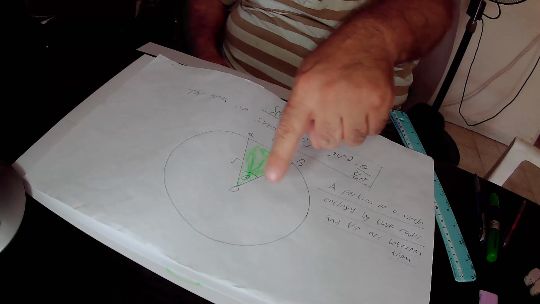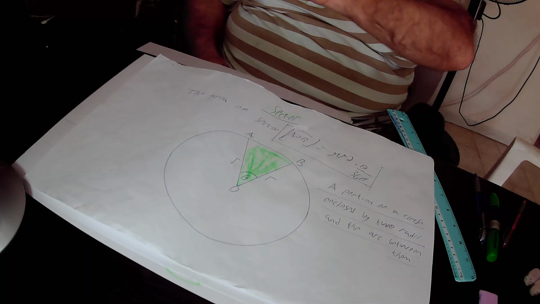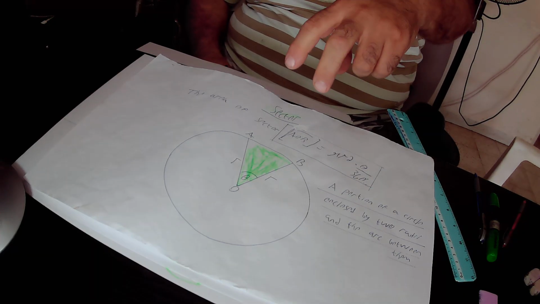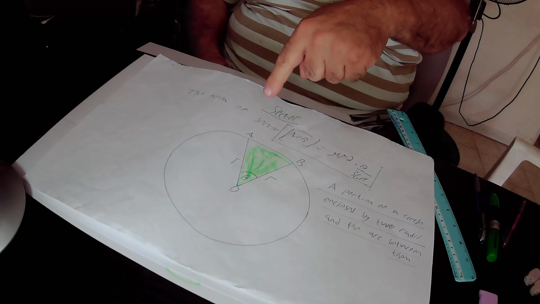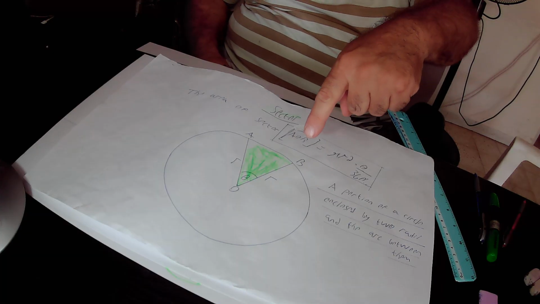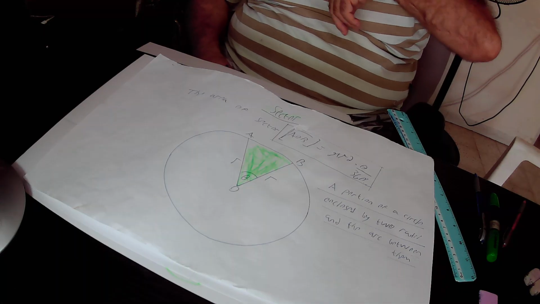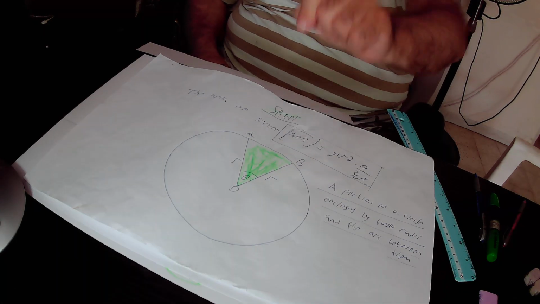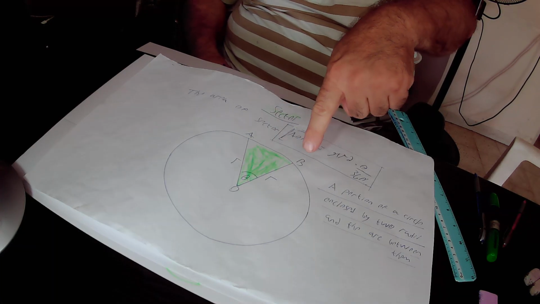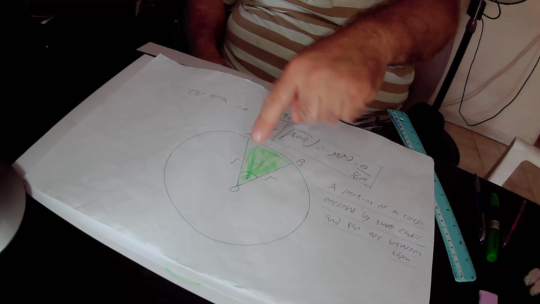Those are the two radii of this circle, and arc AB between the two radii. The two radii are defined as the legs of the sector. So this is angle theta, the angle between the legs of this sector, the angle between the two radii.